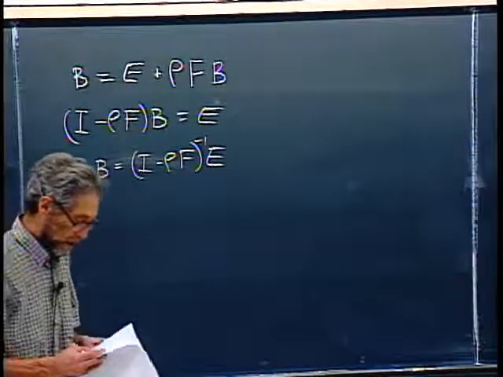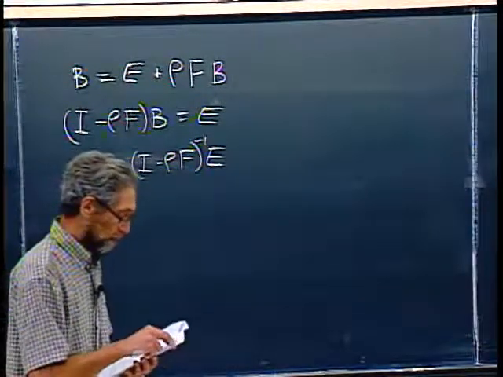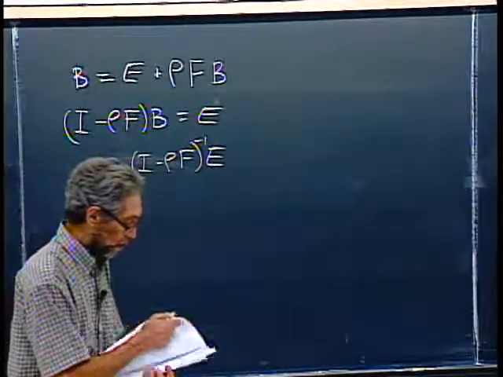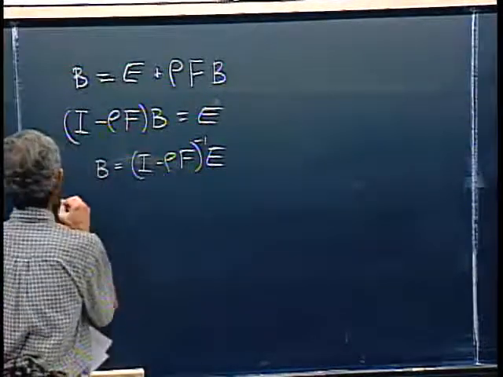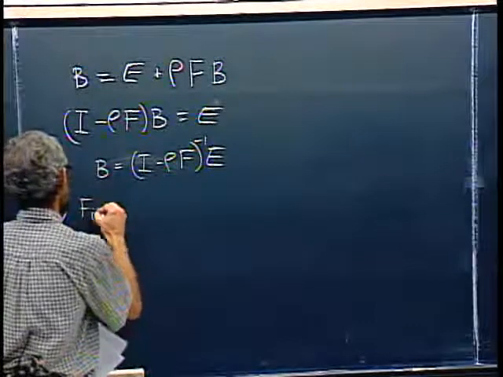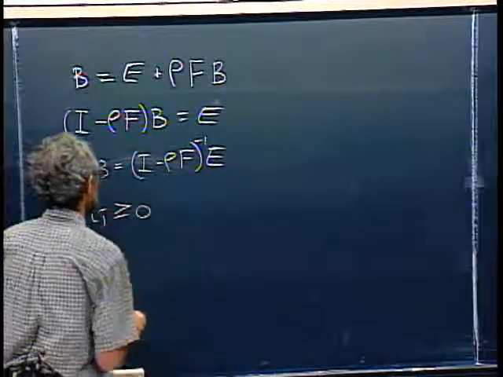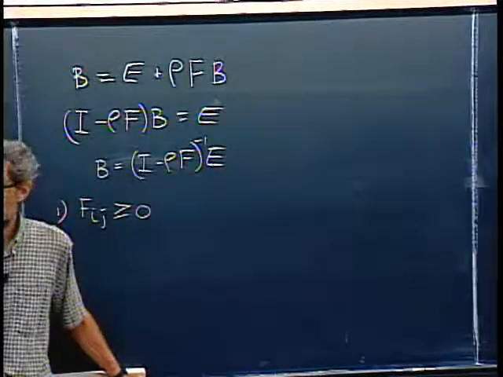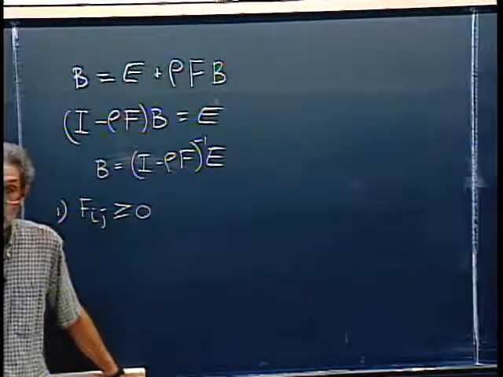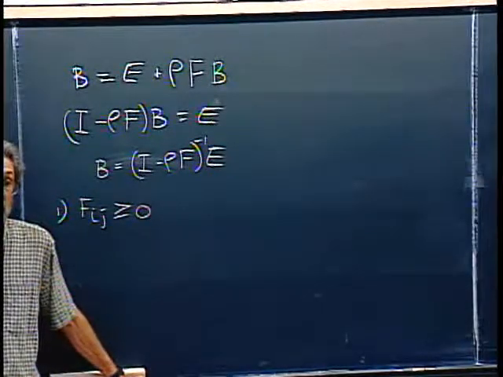to explain why those iterative methods work, I need some properties of the form factors, and these are the properties in the book. Property 1 is Fij is greater than or equal to 0, right? Because this k thing that we're integrating is, it's way over on that other board, but all the terms are non-negative.